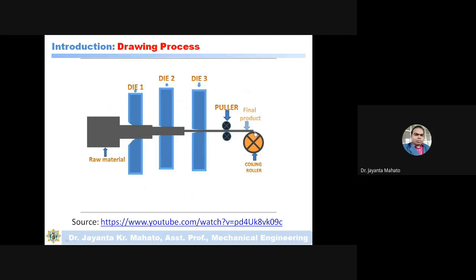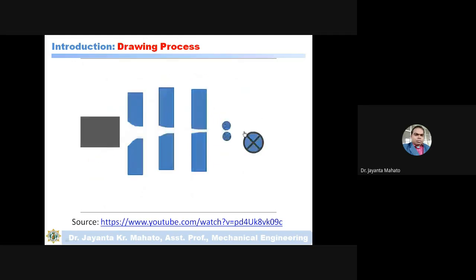So it is just pulling the wire from this raw material. Initially the cross-sectional area or diameter of the raw material is higher, then it is reduced to some extent.